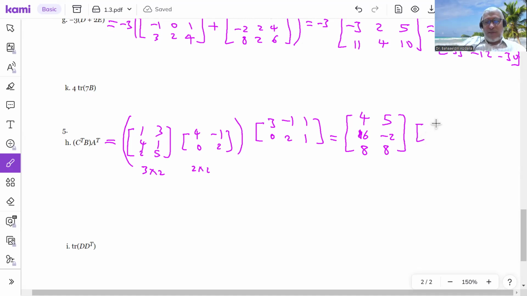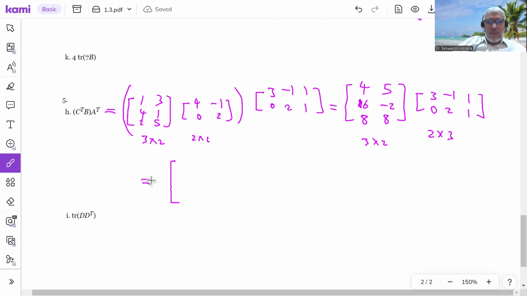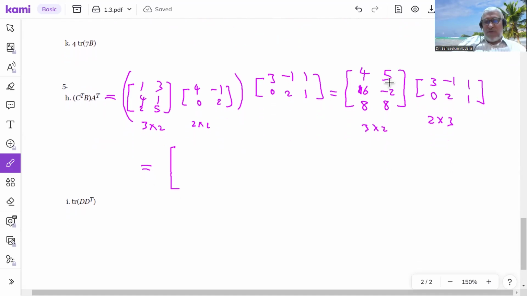I multiply the answer by 3, 0, negative 1, 2, 1, 1. Now this is a 3 by 2, and this is a 2 by 3. So the answer would be 3 by 3. So let us multiply the first row by the first column, 12. First row by the second column, negative 4 plus 10. First row by the third column, 4 plus 5.